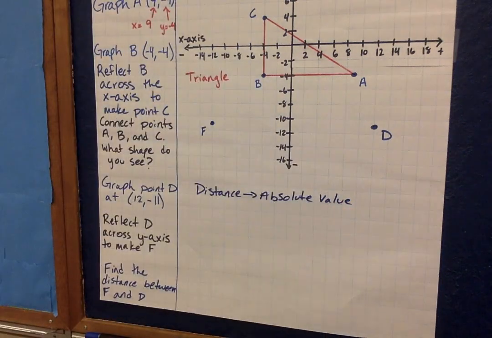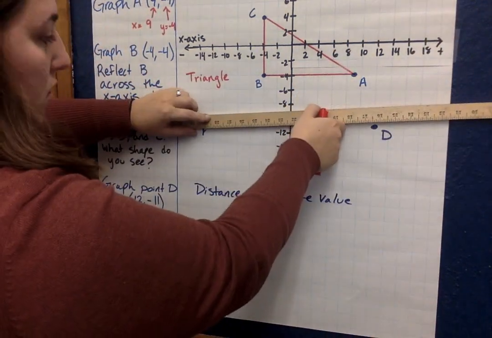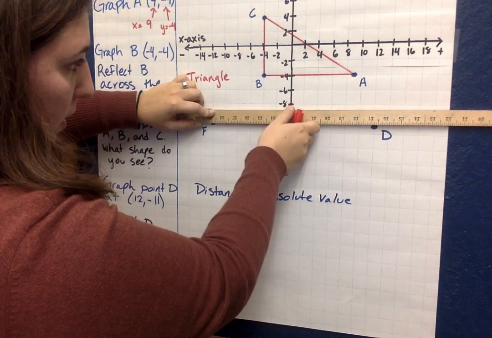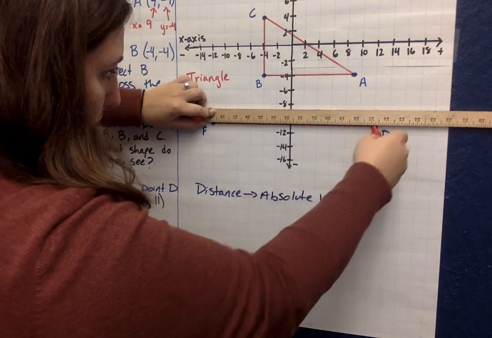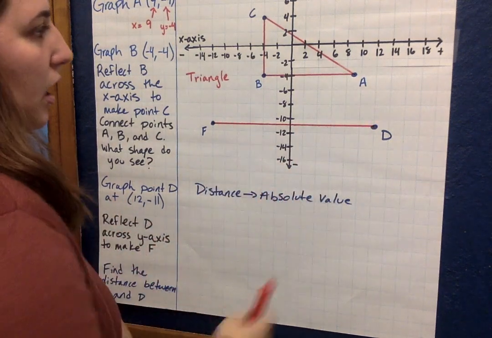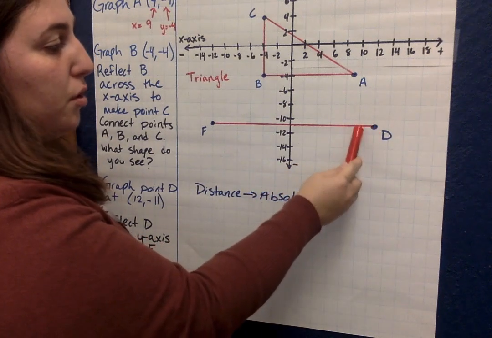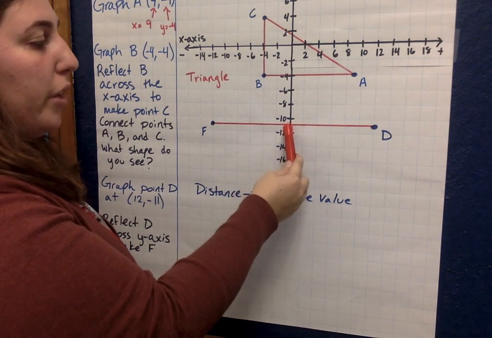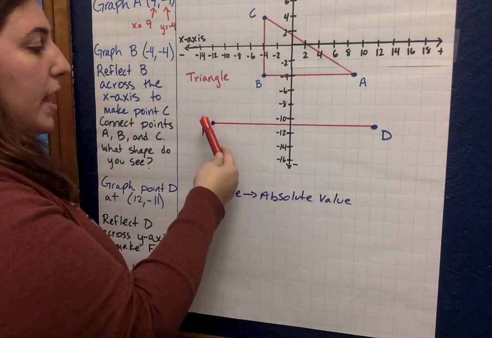So I'm going to make a line between F and D. Okay, so I need to find that distance between F and D. I can just count on the number line, so I could count 2, 4, 6, 8, 10, 12, and then keep going. 14, 16, 18, 20, 22, and 24.